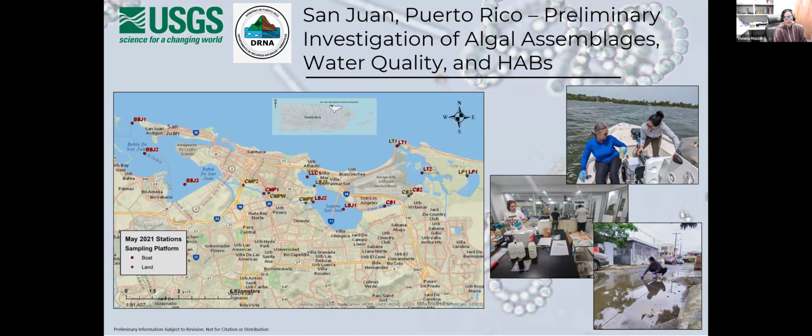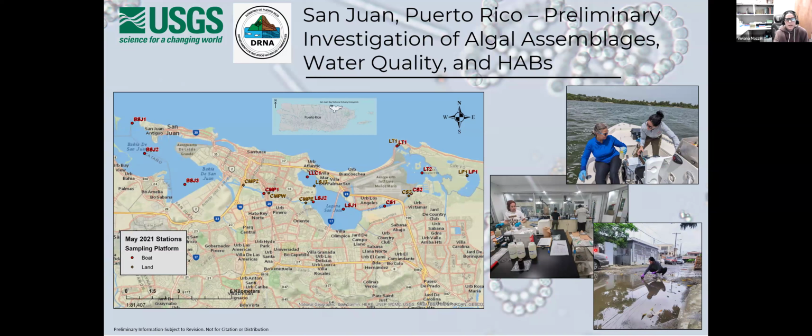So another project was a preliminary investigation of algal assemblages, water quality, and HABs in San Juan, Puerto Rico. This was a collaboration with the Puerto Rico Department of Natural and Environmental Resources.